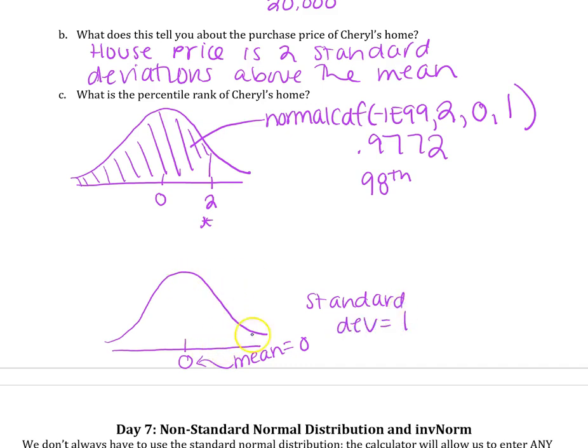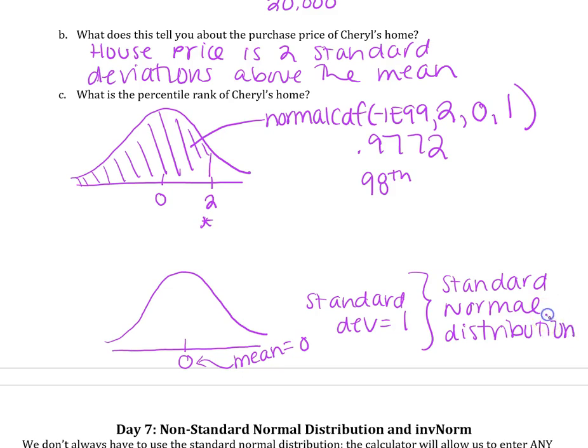That is what allows you to have a standard normal distribution. So once you take data values and convert them to z-scores, now you're in a standard normal distribution. Now you're going to use normal CDF in your calculator.